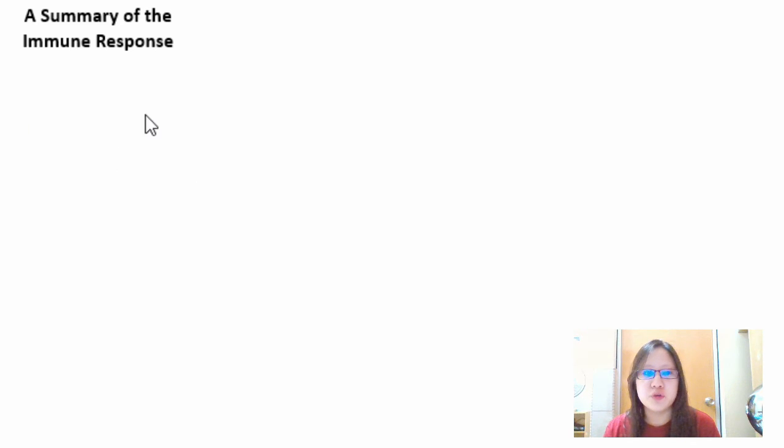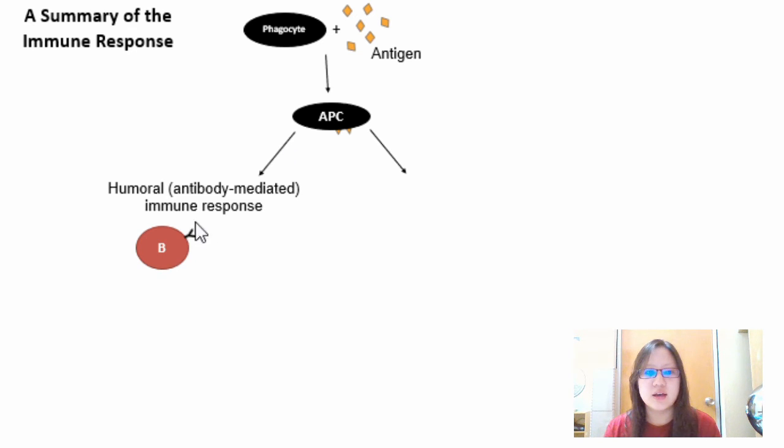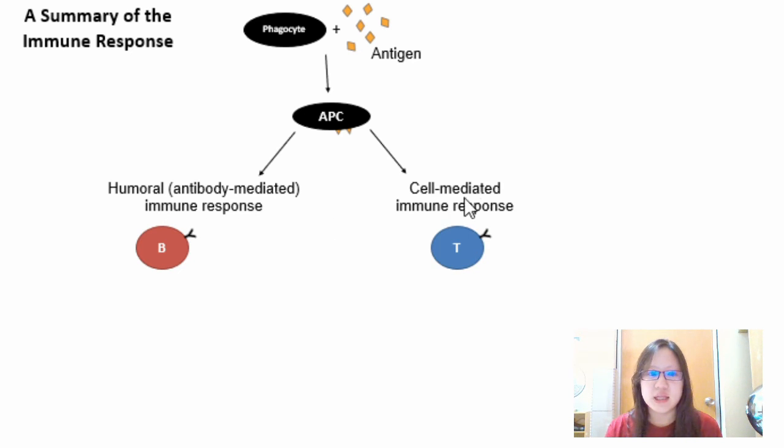Here's a summary of the immune response. This is what they expect you to write when they ask for a description of the immune response. The first step is always when the phagocyte engulfs the antigen, and after engulfment, this produces the antigen presenting cell, APC. Now the APC presents the antigen to lymphocytes, activating the humoral or antibody-mediated immune response or the cell-mediated immune response.